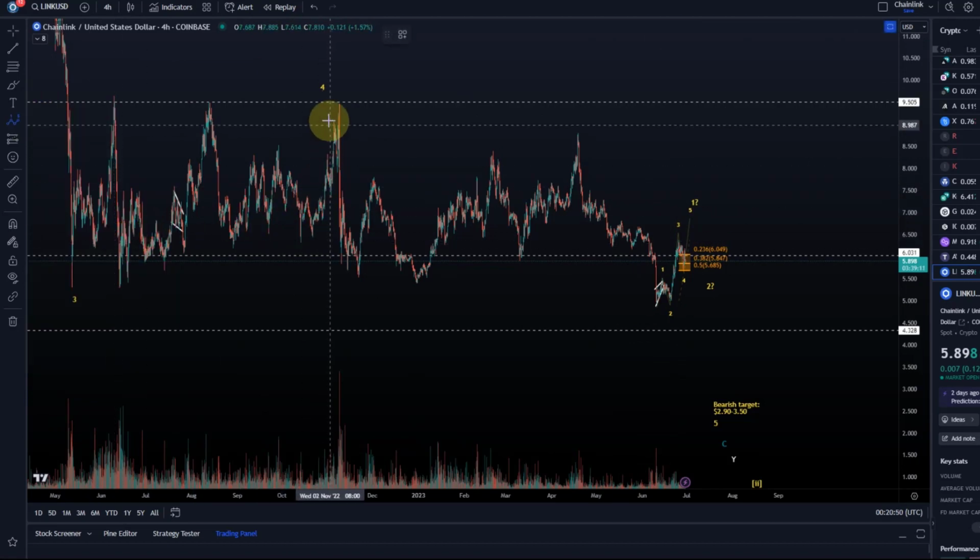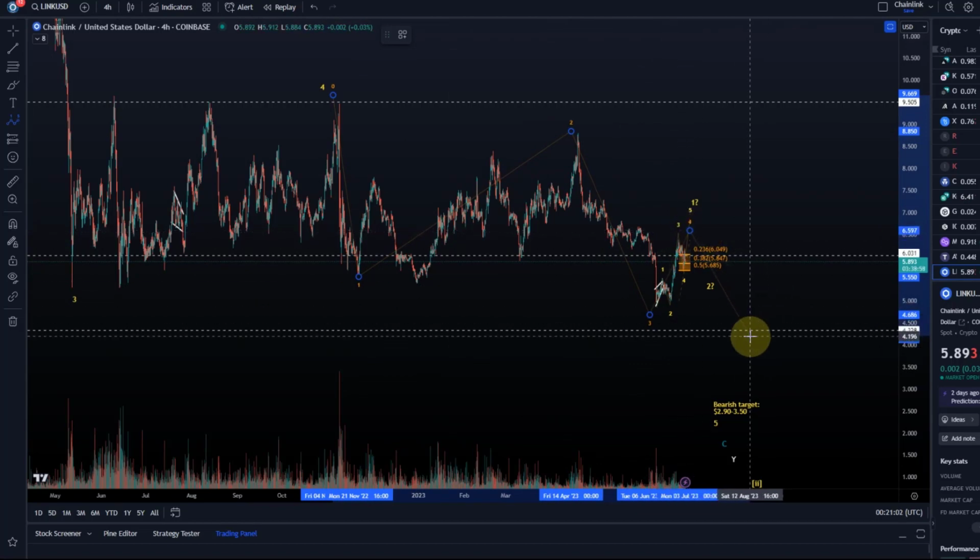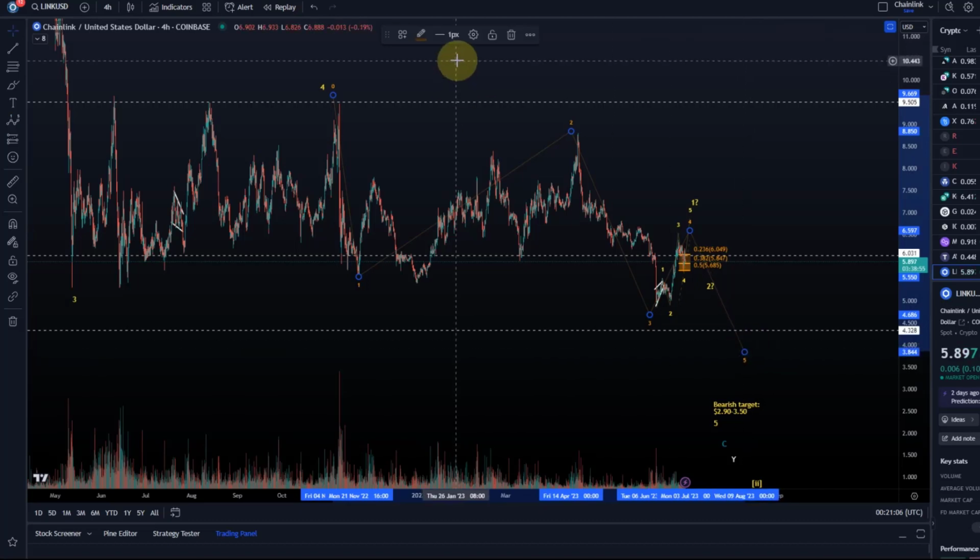So to keep it all correct, my idea would be that here we had a wave 1 to the downside. This was a wave 2, this was a 3, and this might be a 4 with one more low to come. That would be currently my expectation here.